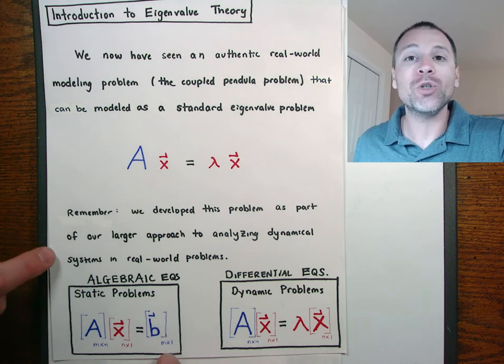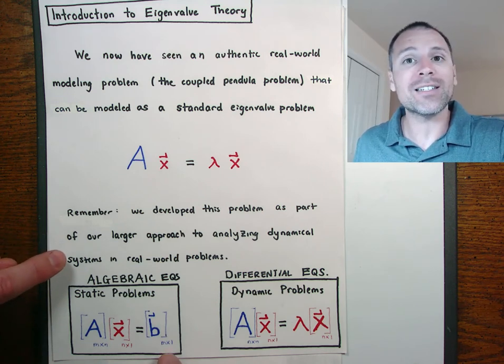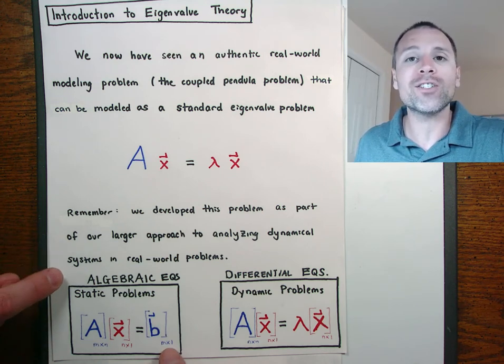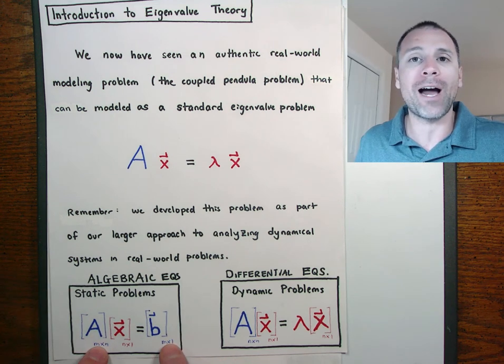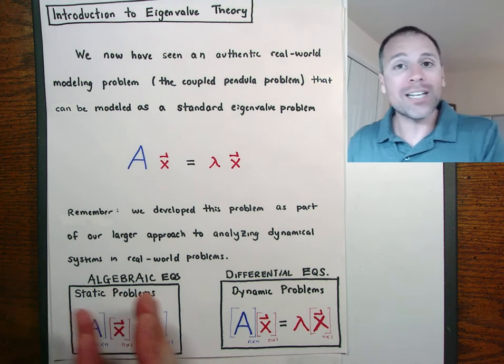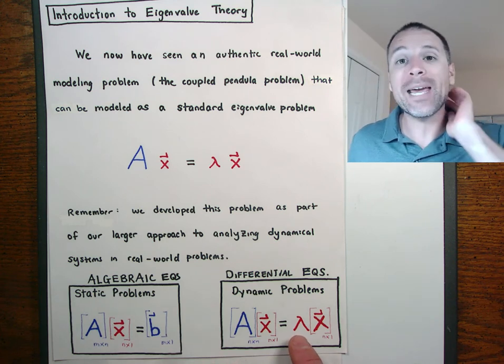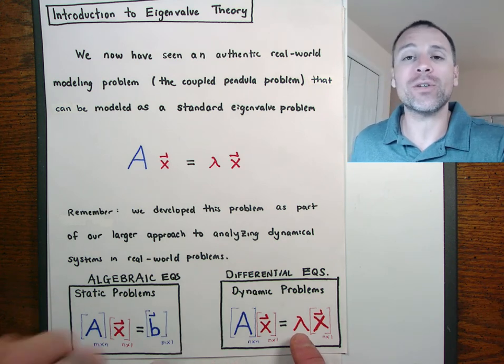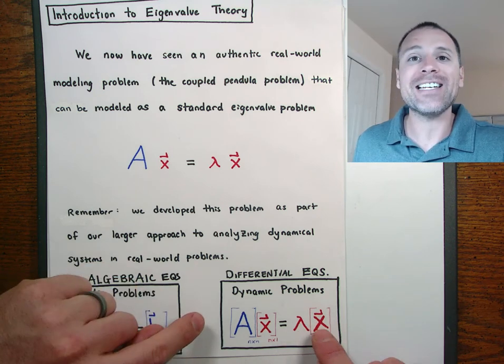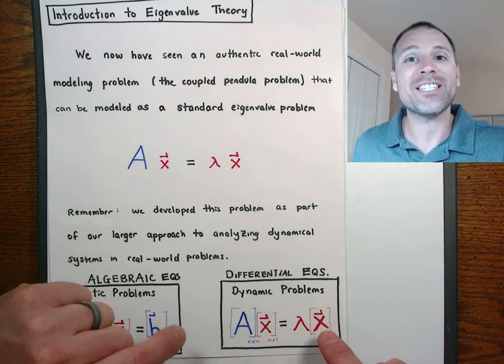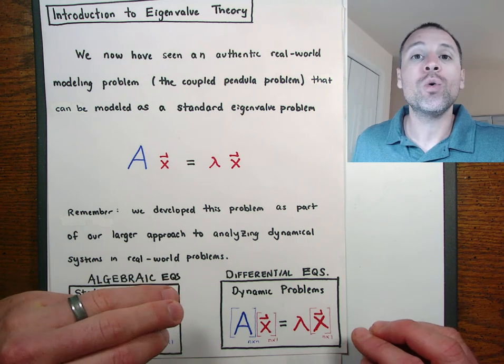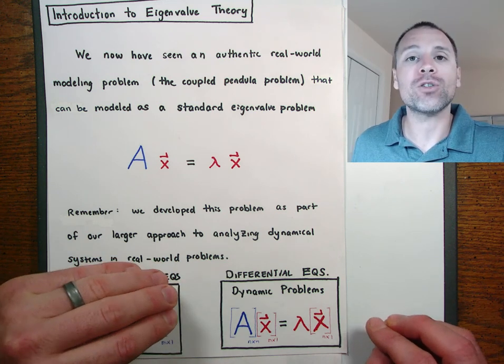Our approach to linear systems problems as well as least squares problems really focused on how to solve this problem algebraically. As we transition into the eigenvalue theory, or the second major problem type in introductory linear algebra, the main idea is to have tools to deal with what we call differential equations.